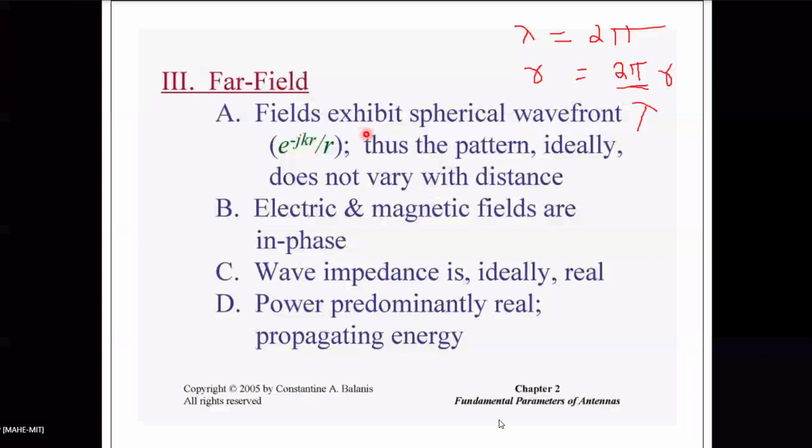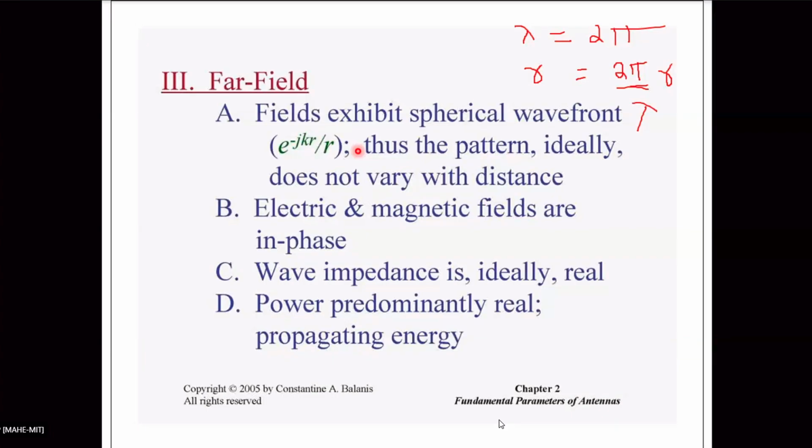See this 1 by r, it is not directional, does not contribute to the directivity of the pattern. The variation with respect to r of the electric field or magnetic field in the far field region is given by e raised to the power minus jkr by r.